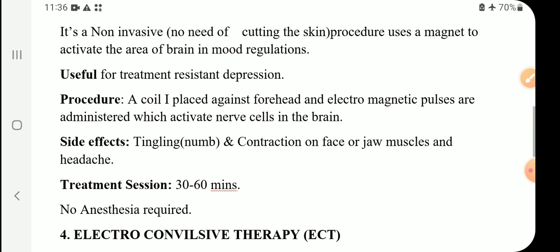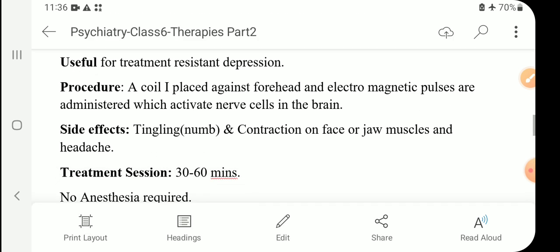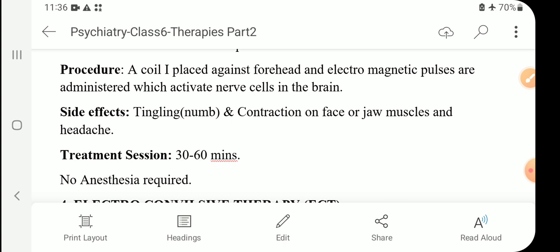And the procedure of this TMS therapy is, a coil is placed on the forehead and delivers electromagnetic pulses, and it activates the nerve cells in the brain. So this is the procedure of TMS, and a treatment session of 30 to 60 minutes is needed to complete this treatment.